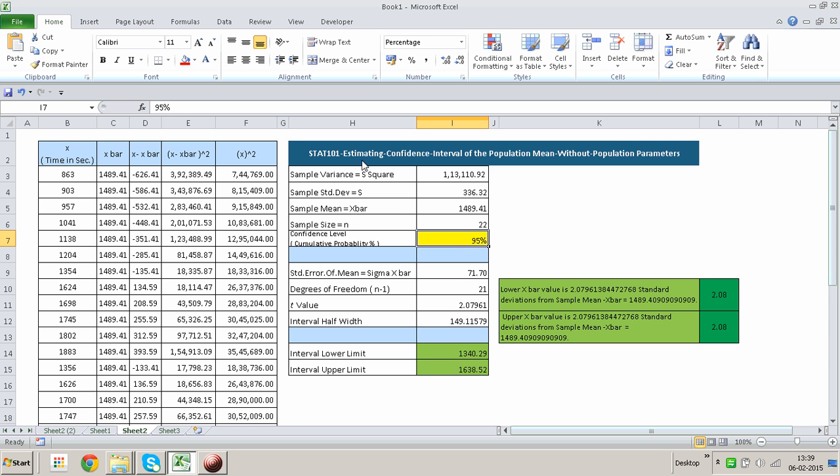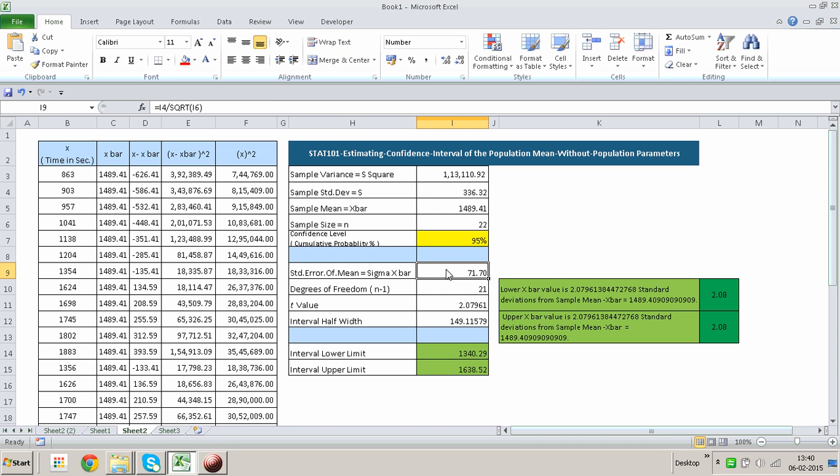And like it says on top, we are estimating the confidence interval of the population mean without population parameters. So you will see that there is no population parameter mentioned over here. So we don't necessarily know what are the population parameters. We don't know the population mean. We don't know the standard deviation of the population. But from a sample, and that is also one sample only of size 22, we are going to estimate the confidence interval of the population mean.